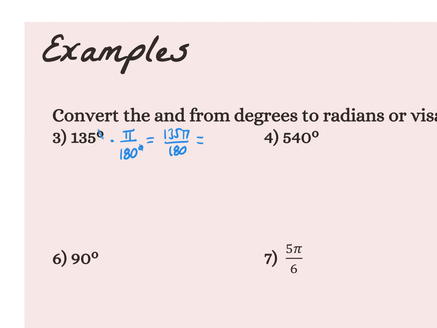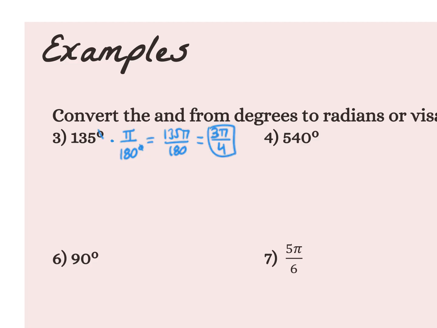That part's easy. The challenging part is going to be simplifying this as much as you can. As you see more of these numbers, you're going to get used to simplifying really big fractions. These actually have a common factor of 45. So if you divide the top and the bottom by 45, then you would end up with 3 pi over 4. And that's your angle in radians.